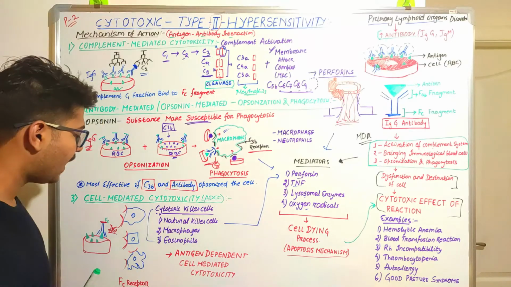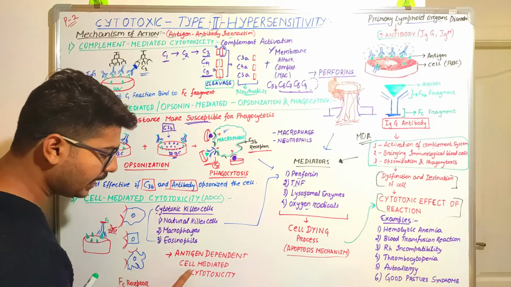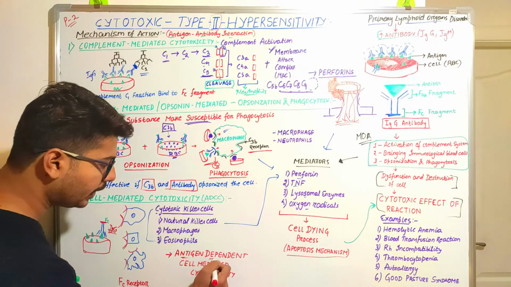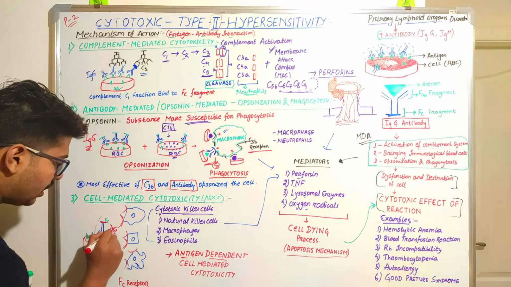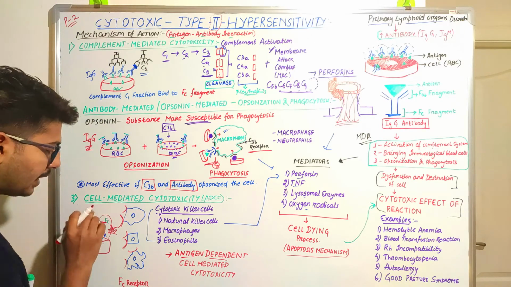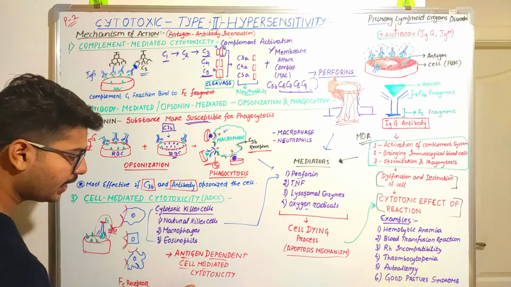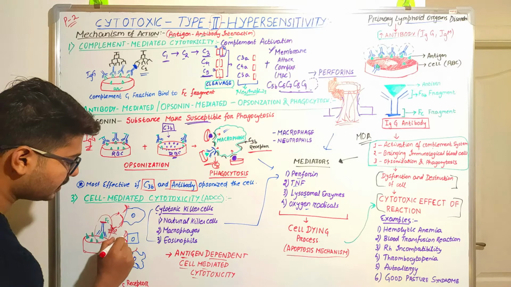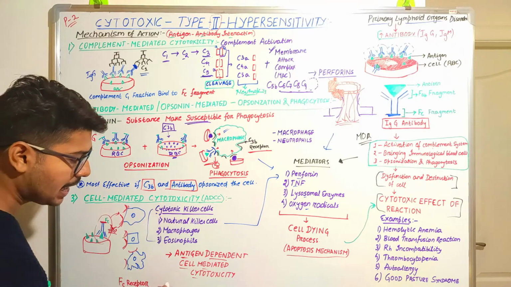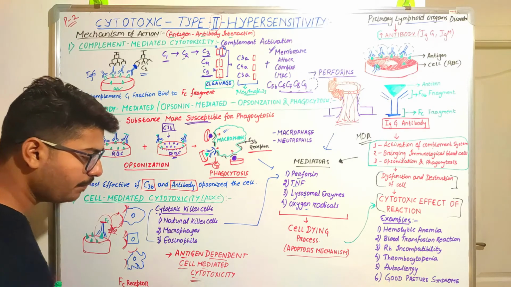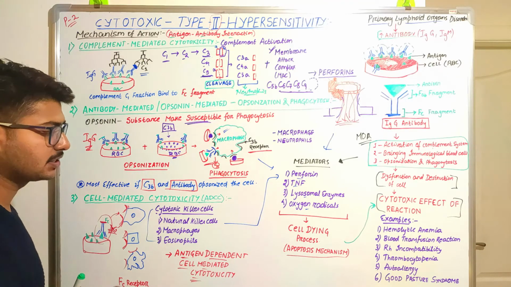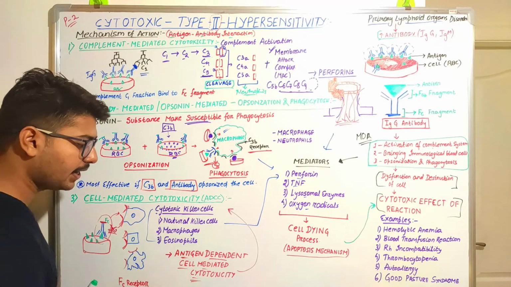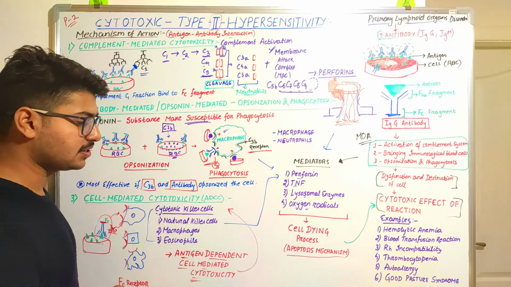That is why it is known as antigen dependent cell mediated cytotoxicity, because here the antigen will say that yes, I am responsible for the cell mediated cytotoxicity. It will attract the receptors present on the cytotoxic cells, and the cytotoxic cells will perform the cytotoxic reactions. So that is known as ADCC, antigen dependent cell mediated cytotoxic reaction.